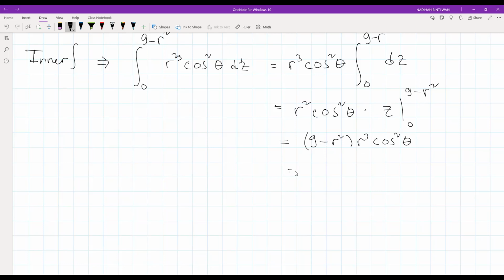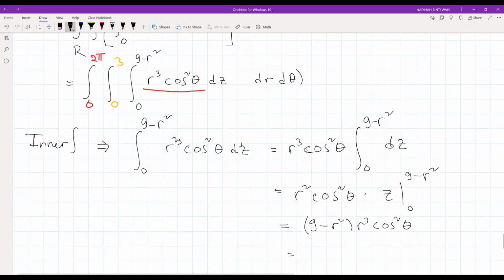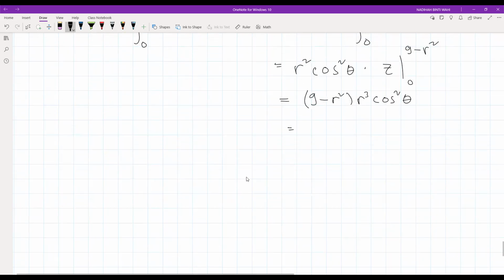Okay. So we need to solve this because the next variable that will be integrated is dr. So we can do this: 9r cubed cosine squared theta minus r to the power of 5 cosine squared theta.